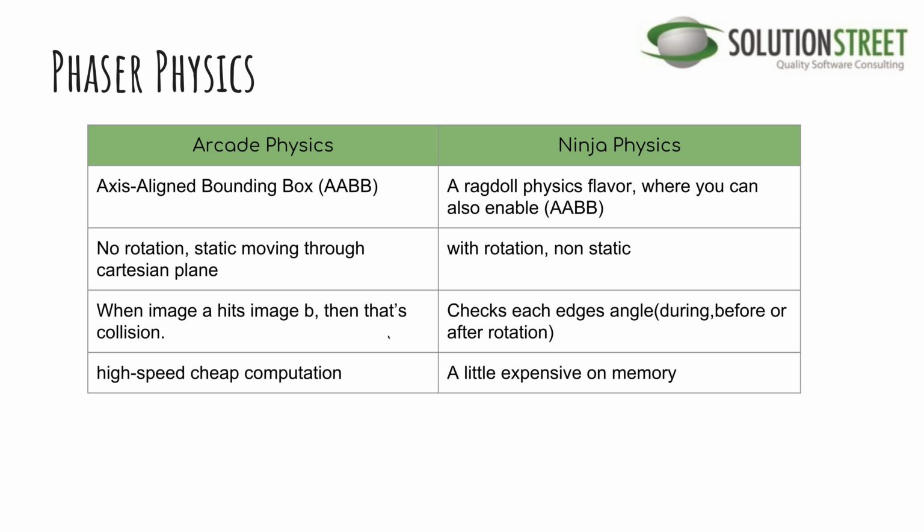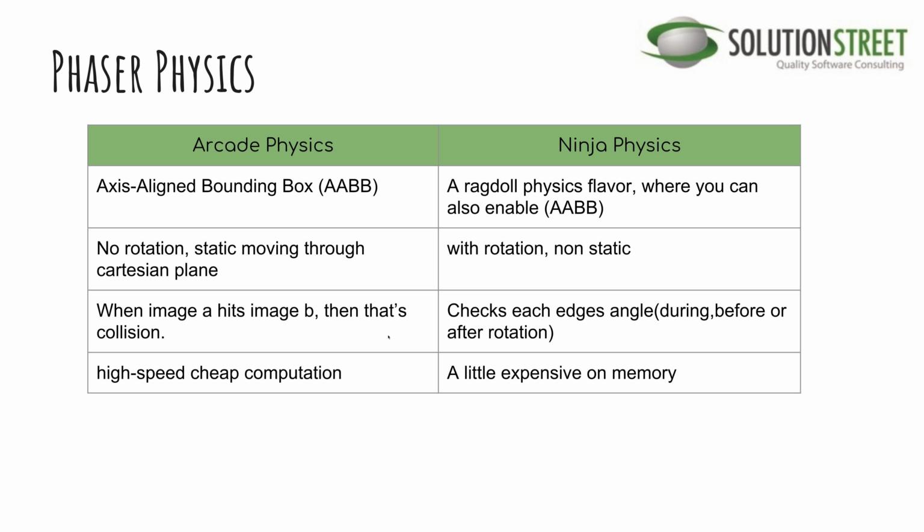I'm not going to dig into the mathematics part, because I didn't review that one, for full disclosure. But in Phaser, there are actually three types of physics that can be used: arcade physics, ninja physics, and P2. However, they just started deprecating P2, so we won't be able to use that anymore. It's not being used by a lot of people.